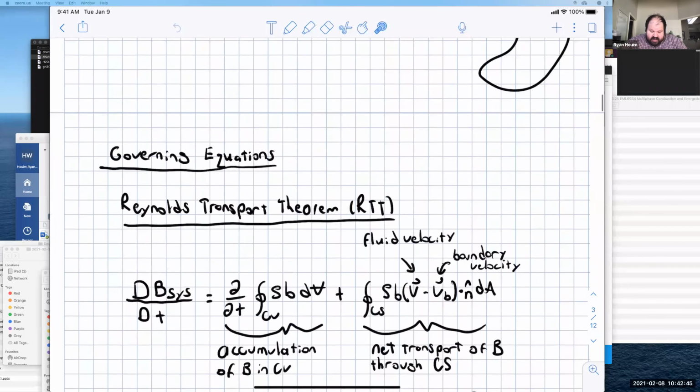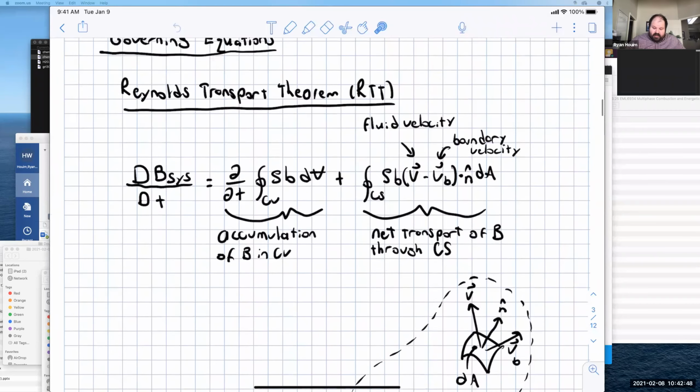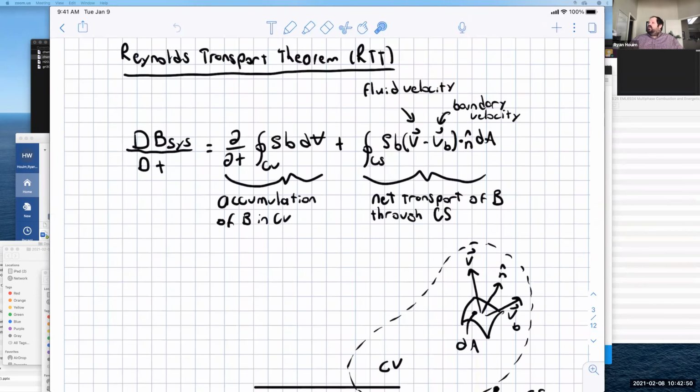Now for the governing equations, we're going to start from the Reynolds transport theorem, which states the time rate change of the amount of extensive quantity B in your system. This would be the form you would use for how the conservation laws themselves are traditionally written, like Newton's second law, F equals ma, or F equals dp/dt, where p is the vector of momentum.